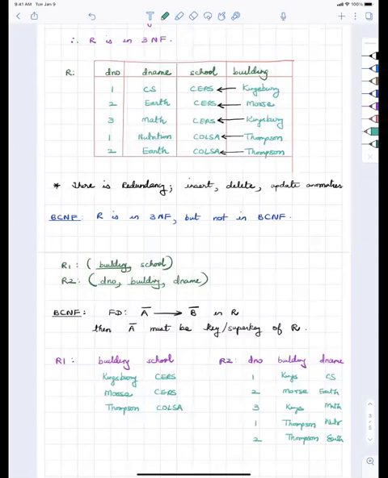Did you understand this example and why the table R is in third normal form but not in Boyce Codd normal form?